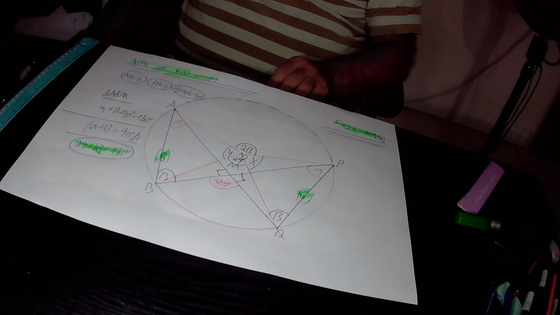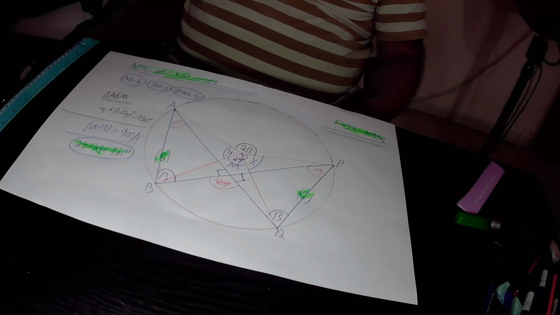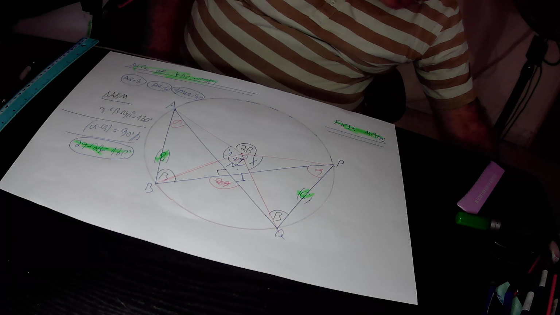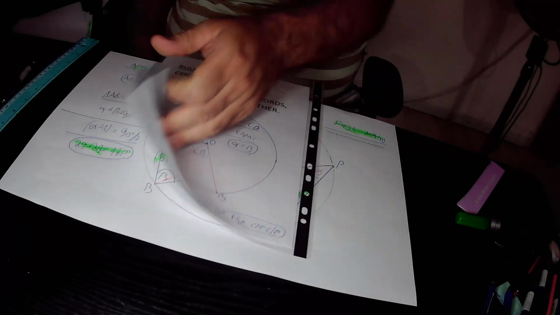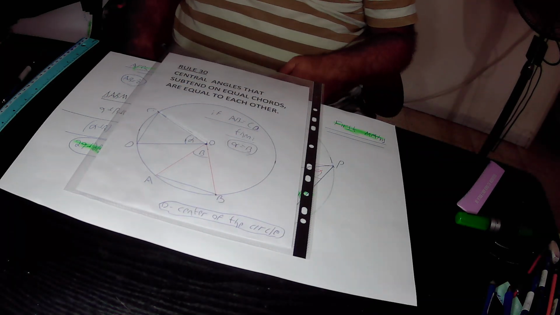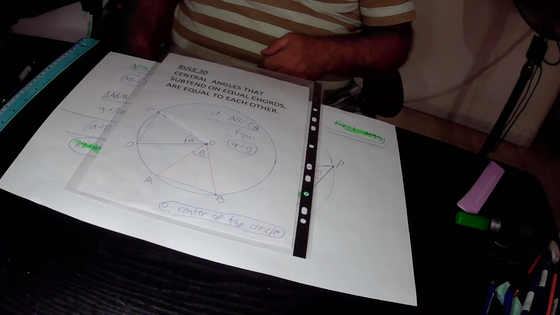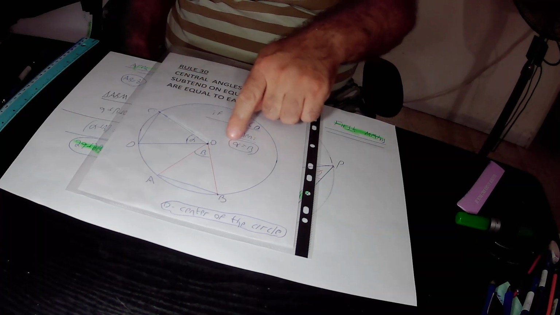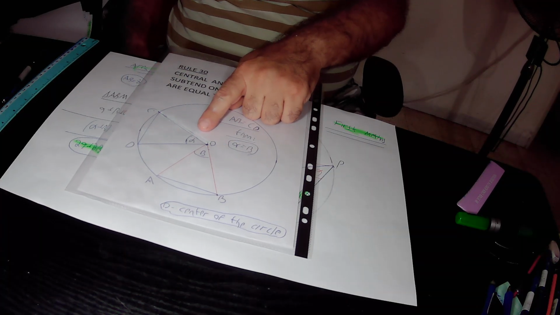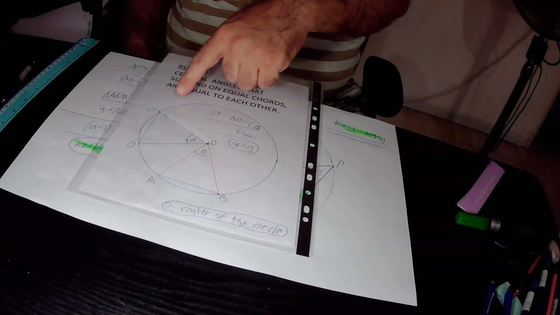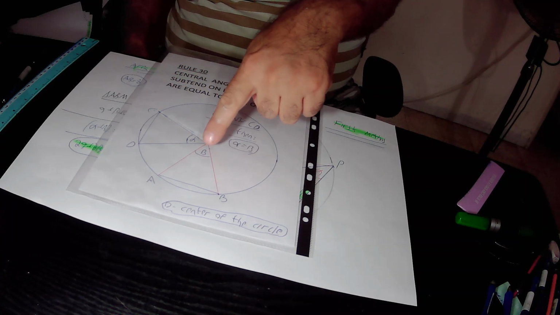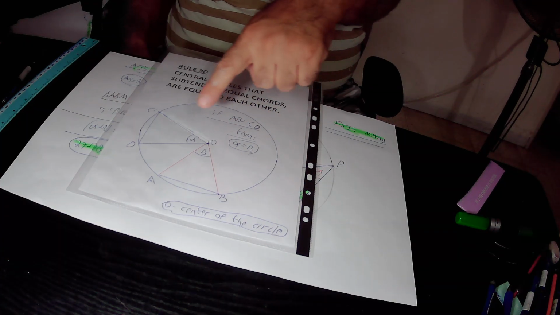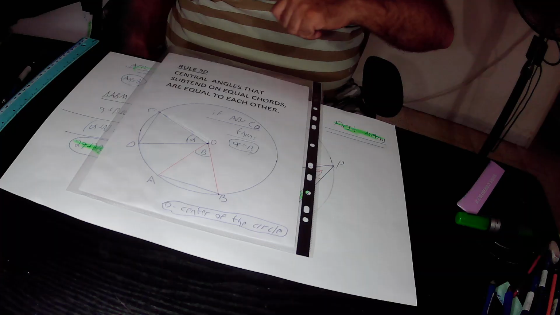In the next step, I presented to you rule 30 and implemented rule 30 in our drawing. According to rule 30, certain angles that subtend on equal chords are equal to each other. In the drawing we have a circle. This is center angle COD, that is equal to alpha degrees in size, and is subtended on chord CD. This is angle AOB that is equal to beta degrees in size, and it's subtended on chord AB.